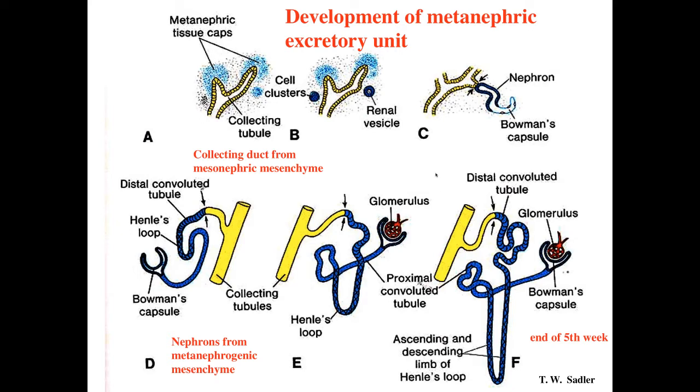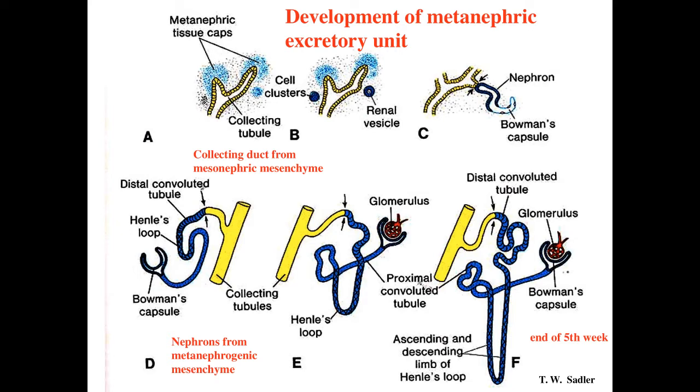You can see metanephric tissue caps and the collecting tubule, and the diagram is kind of just highlighting this reciprocal induction. And interestingly, the nephron is developing from a distal towards a proximal direction. Nephrons are coming from the metanephrogenic mesenchyme, and the collecting ducts are coming from the mesonephric mesenchyme.